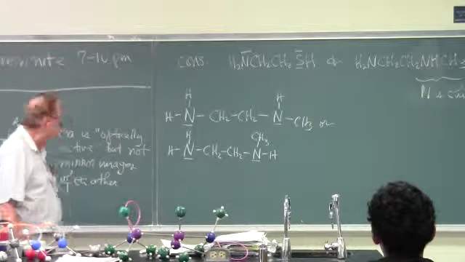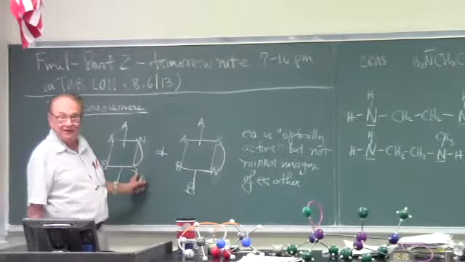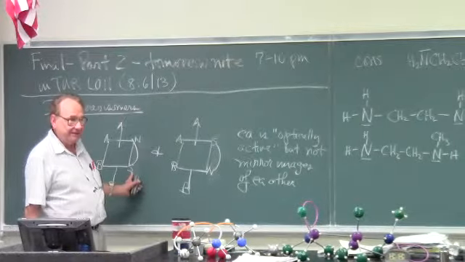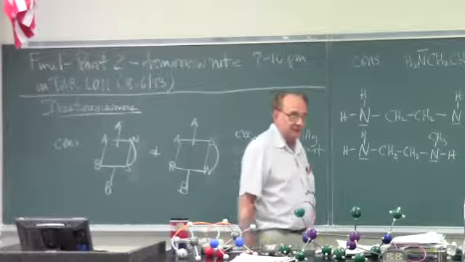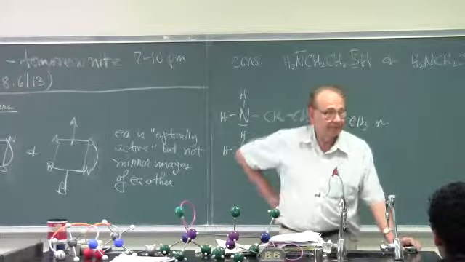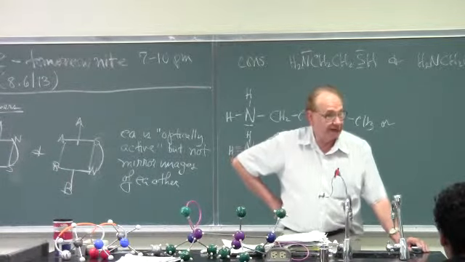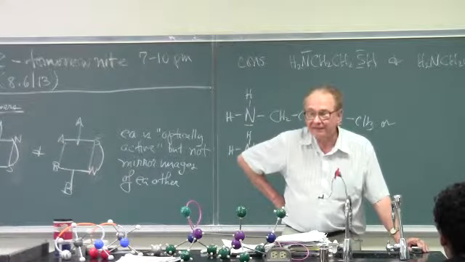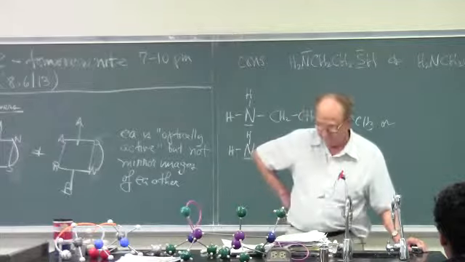If I put this in here, woo! Now I got all kinds of stereoisomers to consider. I wouldn't ask you to draw pictures of all such things on an exam, but I would ask at least, if I choose to ask about something like this, that you recognize the complexity of the problem.